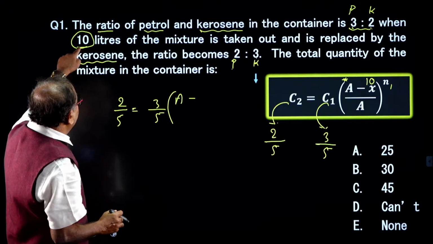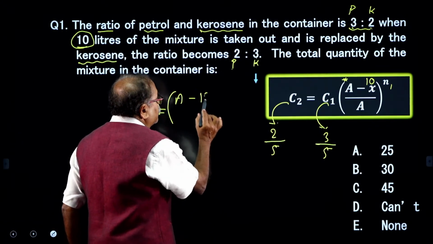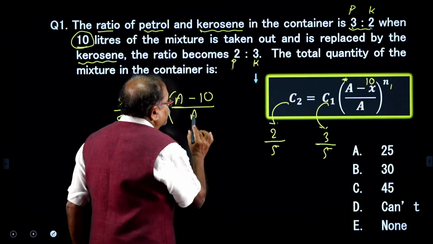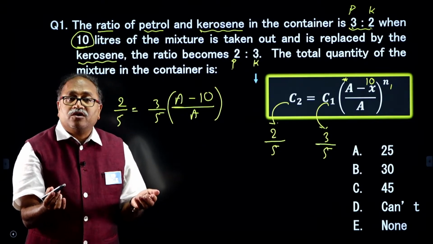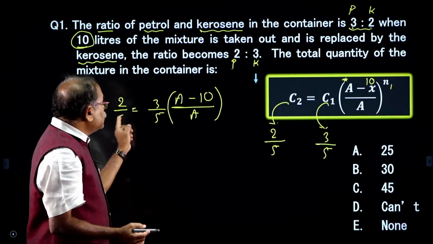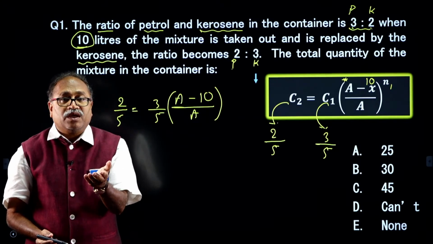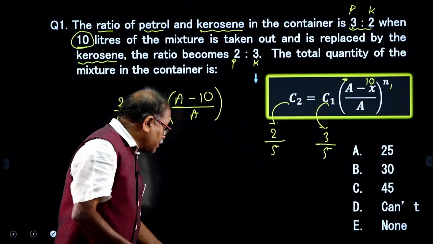The X is the replaced quantity which is 10. So, minus 10 by A to the whole power how much? Whole power 1, because it is done only once. So, I am not writing 1 here. Now, solve this equation, you will be getting the A value.